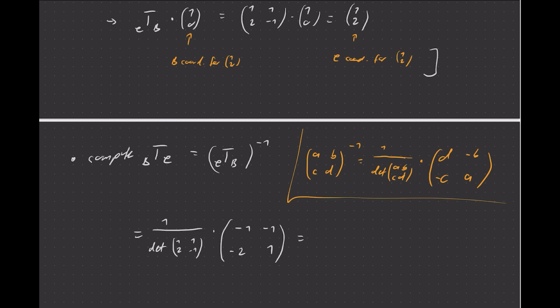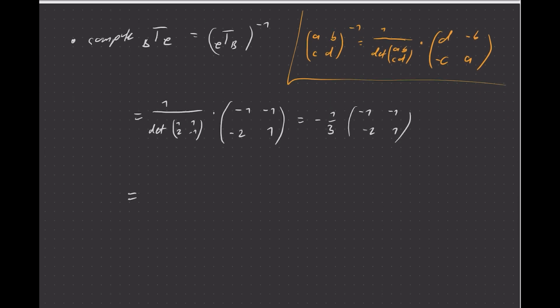Now the determinant, that is minus 1, minus 2, so that's minus 3, so we get minus a third times this matrix here, and we can simplify that a little. So that's a third times 1, 1, 2, minus 1. We factor a minus out of the matrix, and then that cancels out with minus 1 over 3.